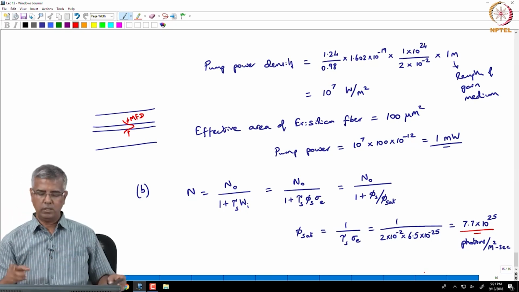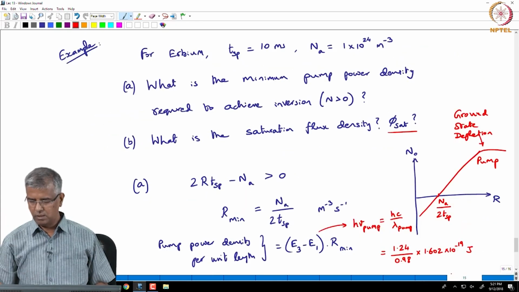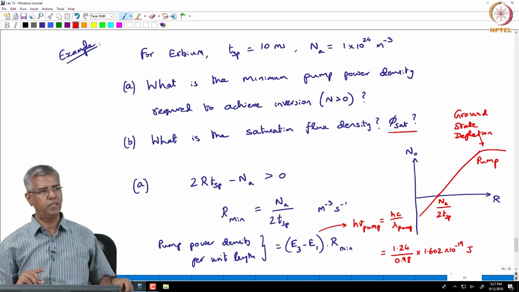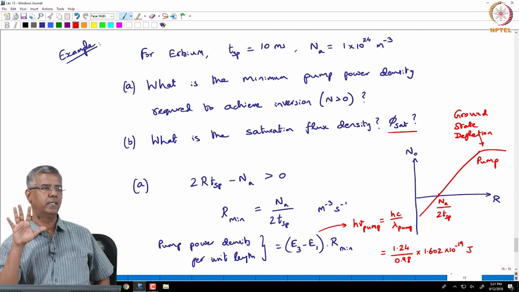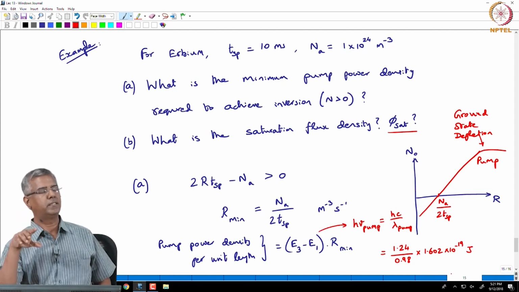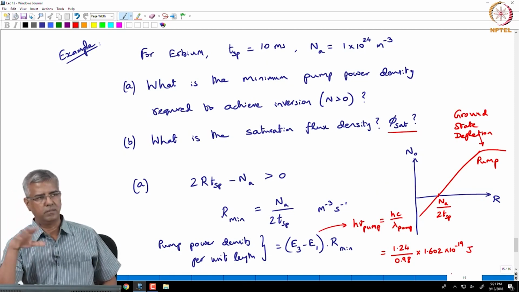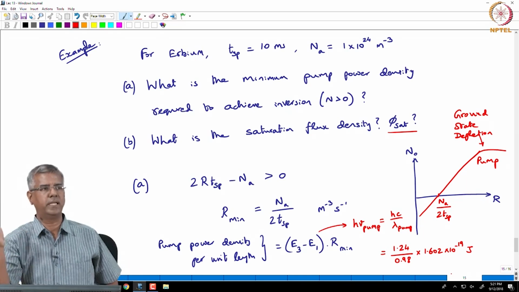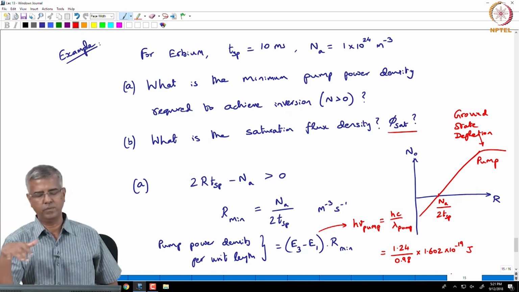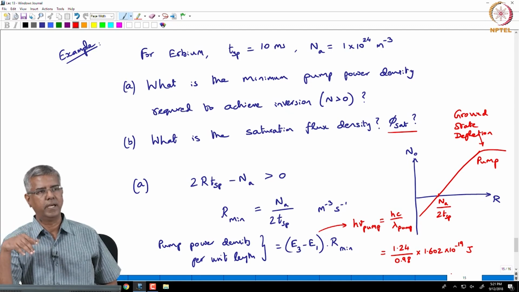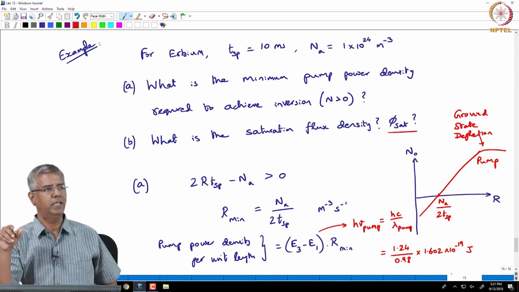Earlier we looked at ground state depletion, pumping very hard such that all your atoms go to the excited state, so very few atoms remain in the ground state, and because of that the gain is limited.